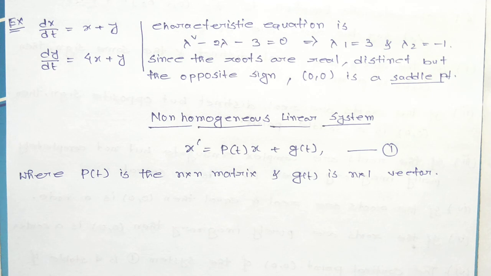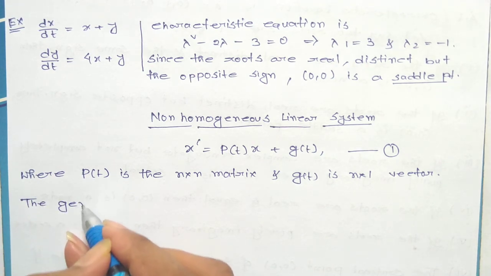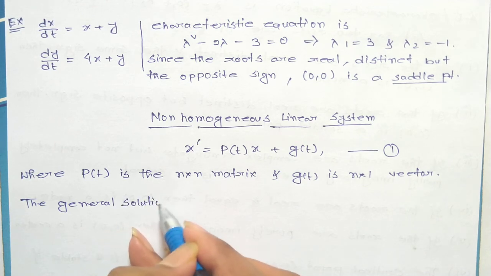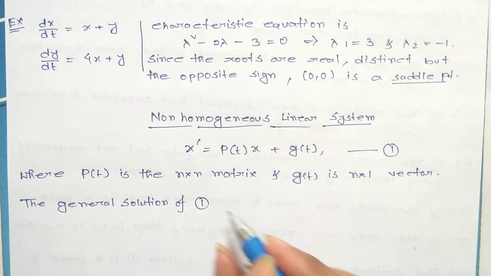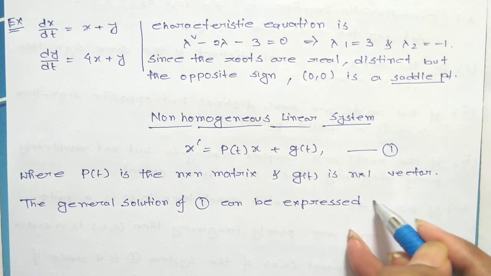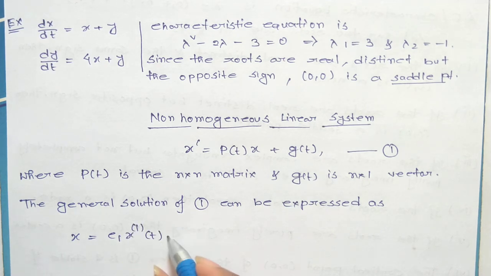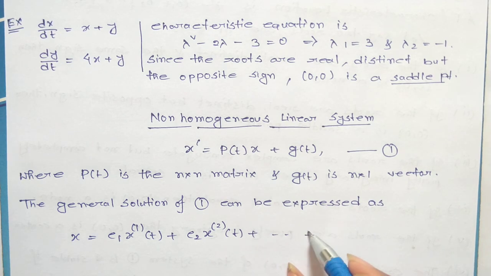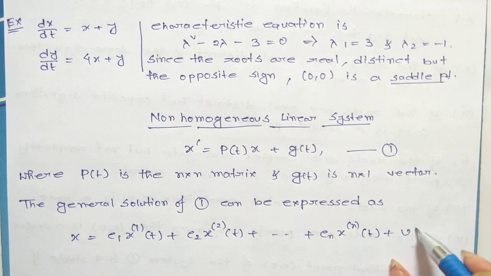The general solution of 1 can be expressed as x equals c1 x1(t) plus c2 x2(t) and so on, plus cn xn(t), plus some v(t).